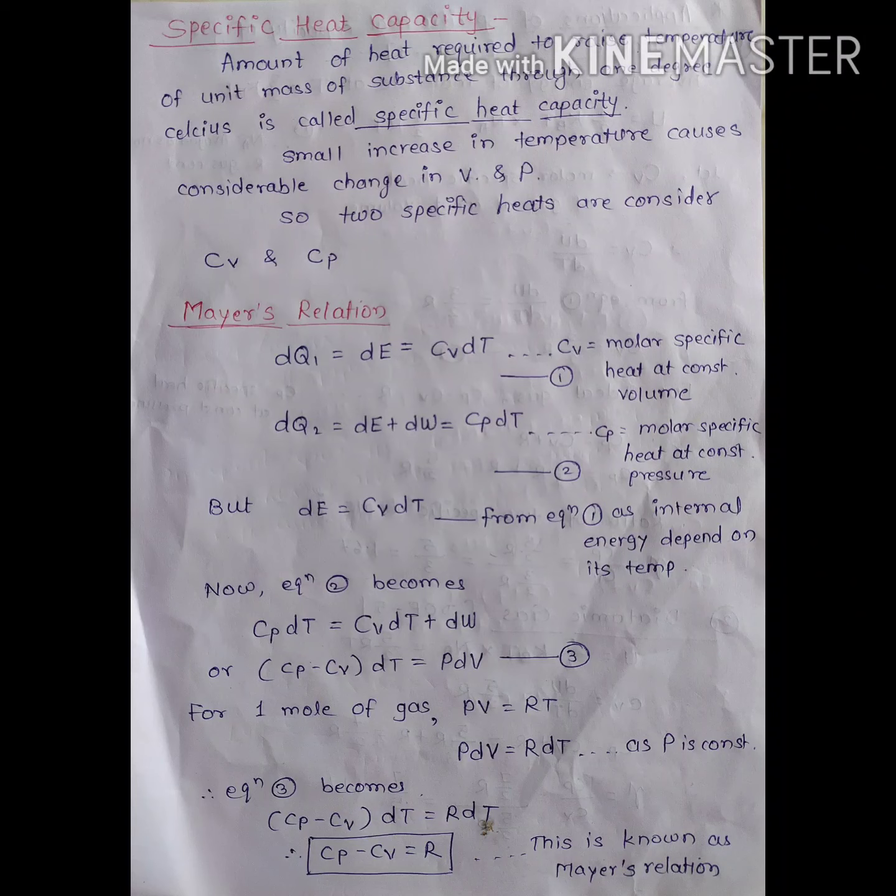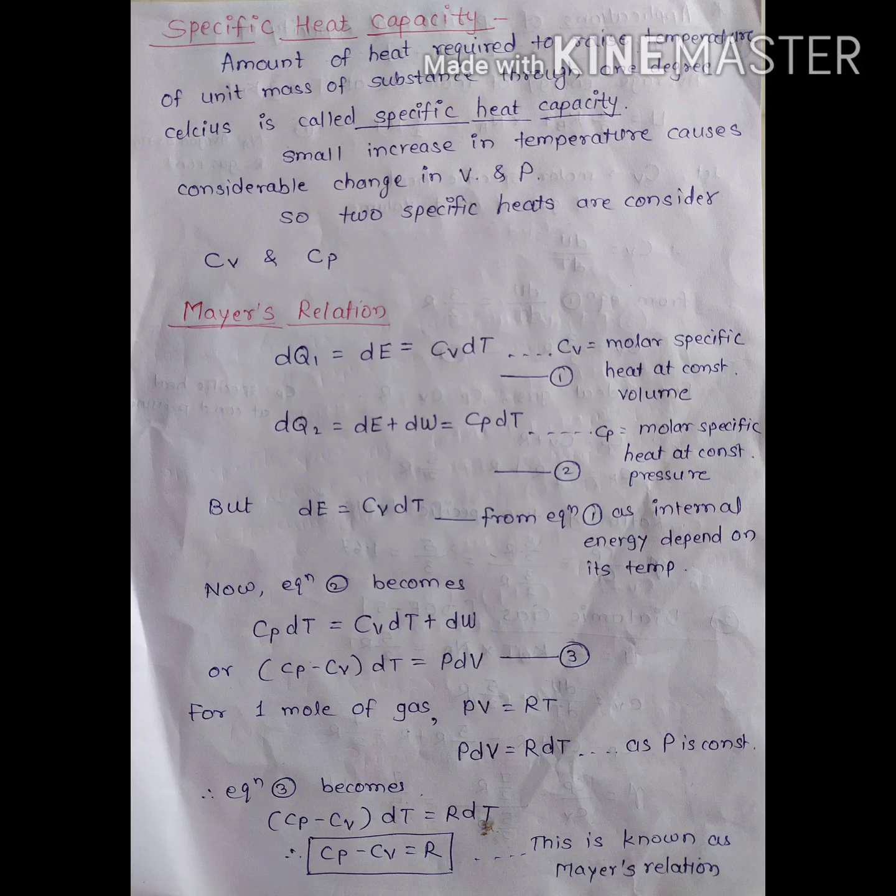Therefore, Cp dT is equal to Cv dT plus dW, or we can take dT as common and inside the bracket Cp minus Cv is equal to PdV. We get another, third equation.